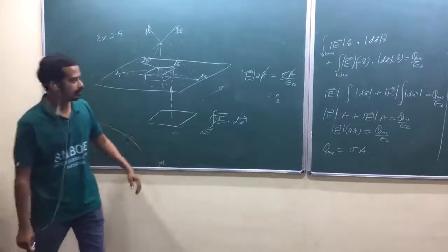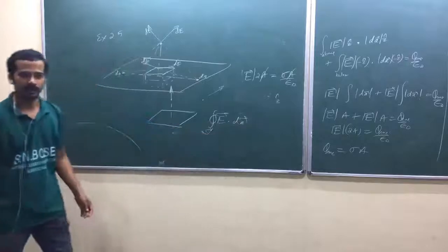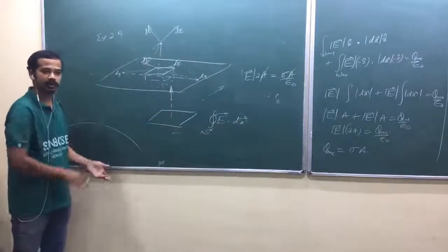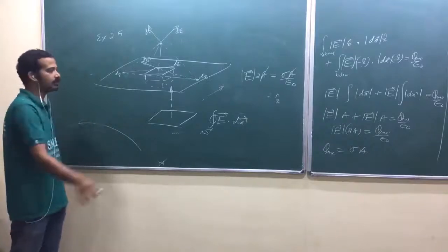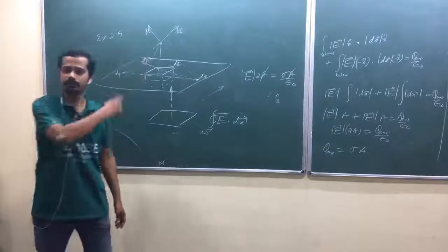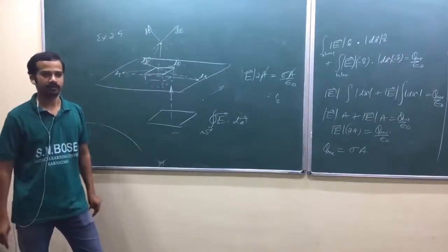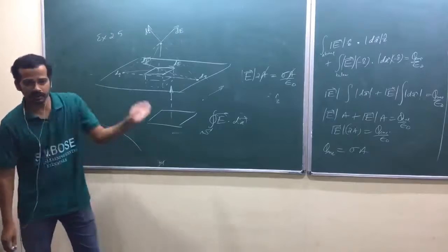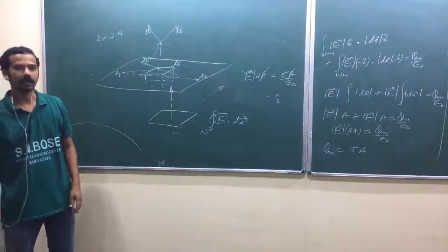I told you it's very difficult to find the area and to do that surface integral. Maybe in some coordinate system that surface integral may be easy. If you take cylindrical symmetry and try to do the surface integral in Cartesian coordinates, it would be very difficult. In the cylindrical case, cylindrical coordinates helped.